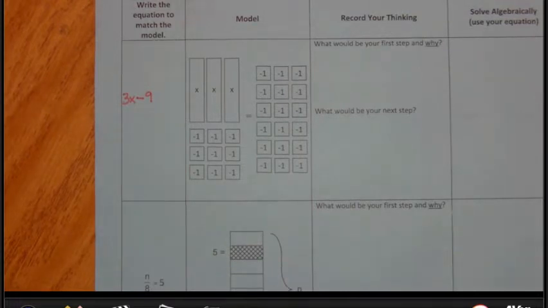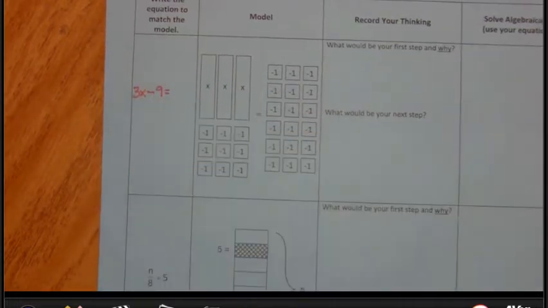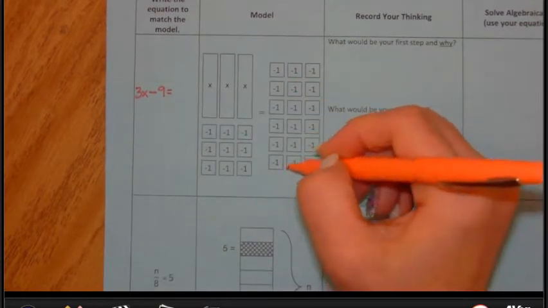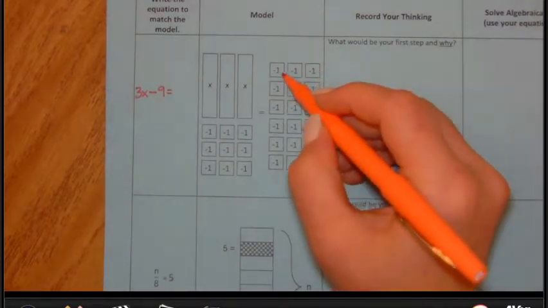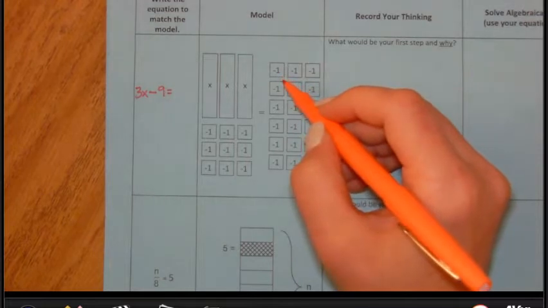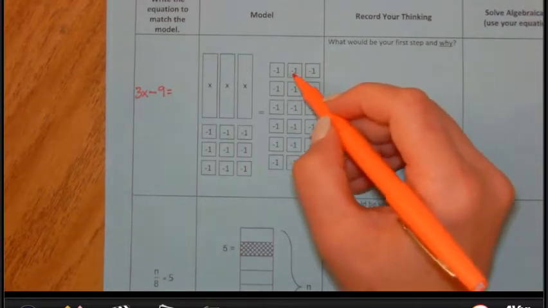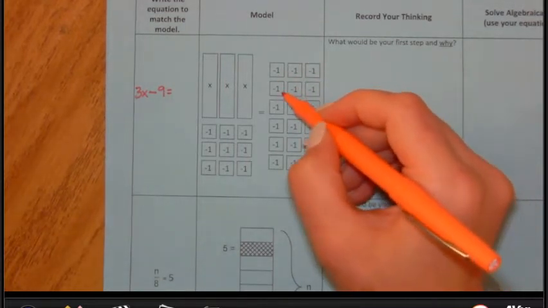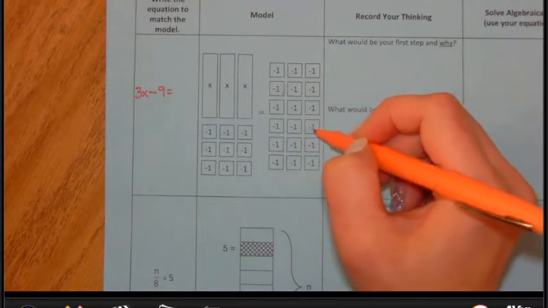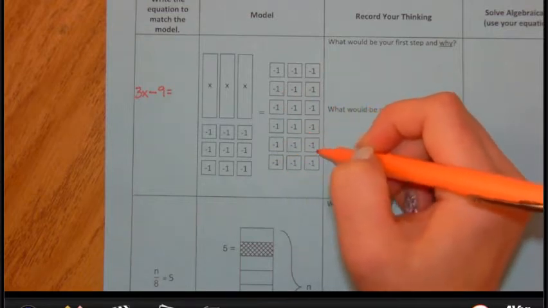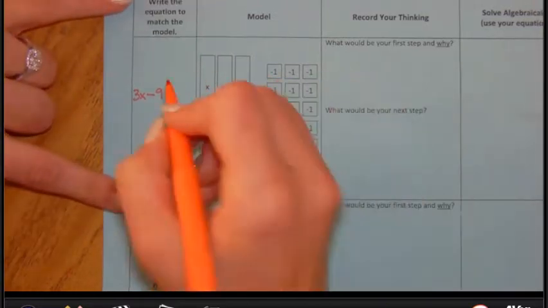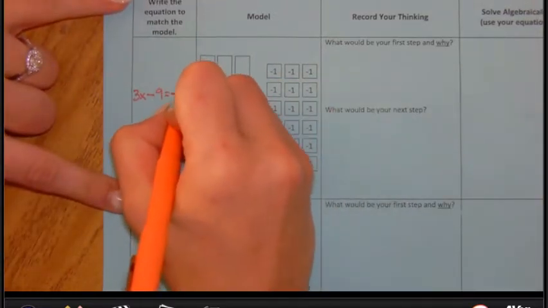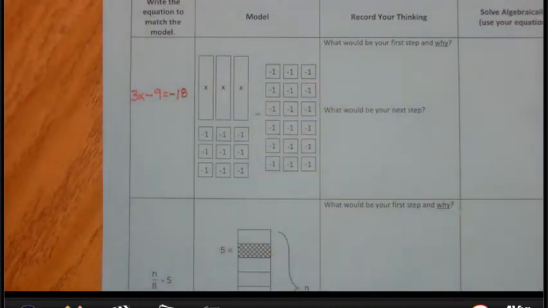Then I'm going to set this equal to, well, notice all of my ones here are negative. So I want to see how many negative ones I see on the right side. I see 1, 2, 3, up to 18. I see negative 18 ones.